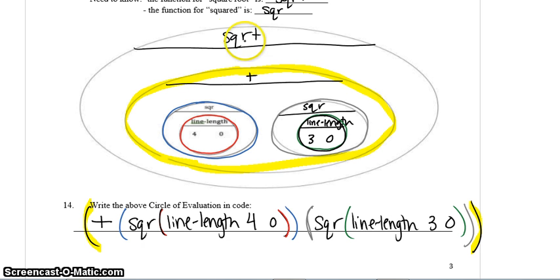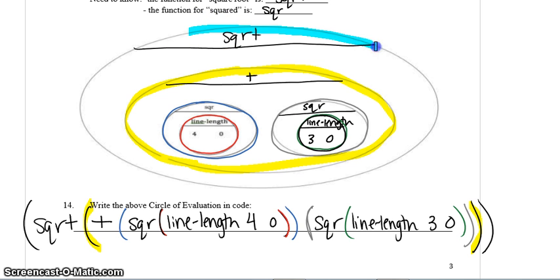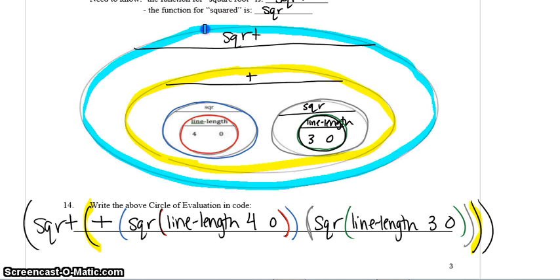And then finally we see that the square root is the main function that's occurring here. So that's going to go all the way out front with an open parentheses and a closed parentheses. I'm going to highlight that in blue to show you that the beginning parentheses and the end parentheses match up there.